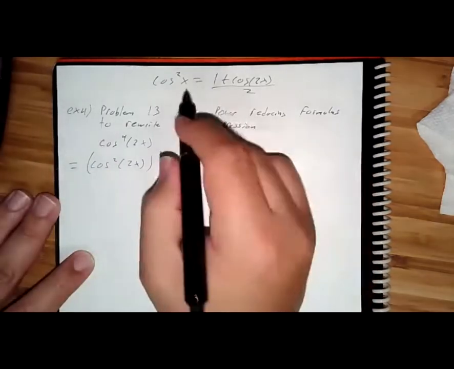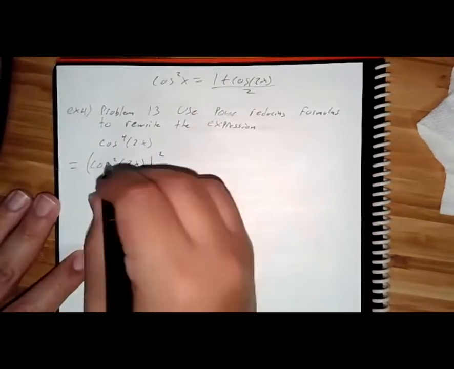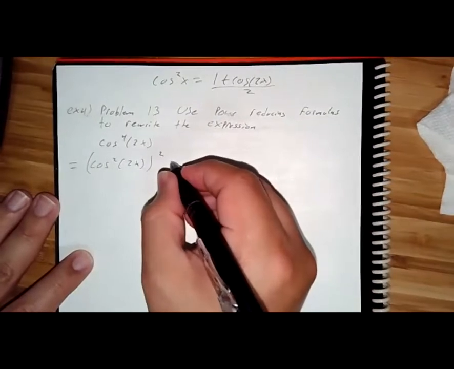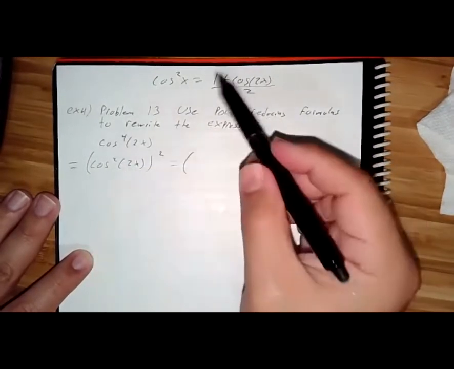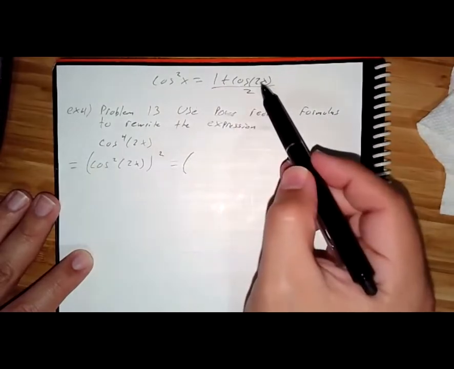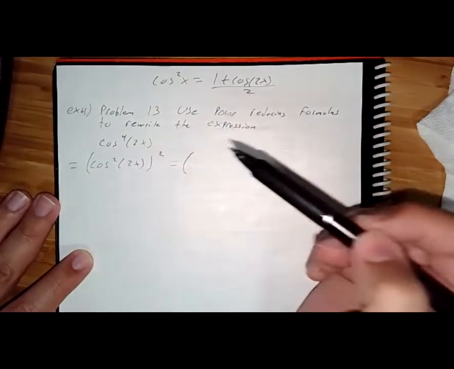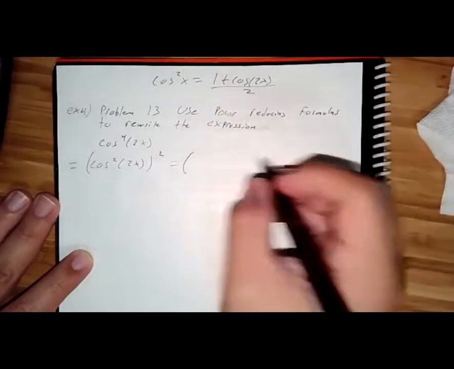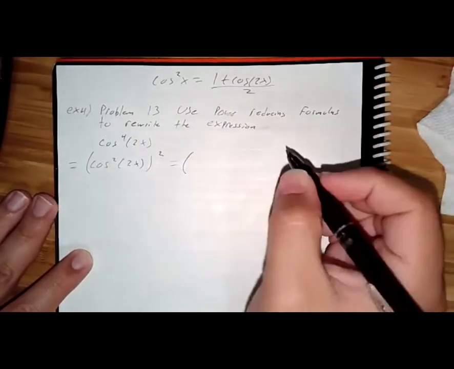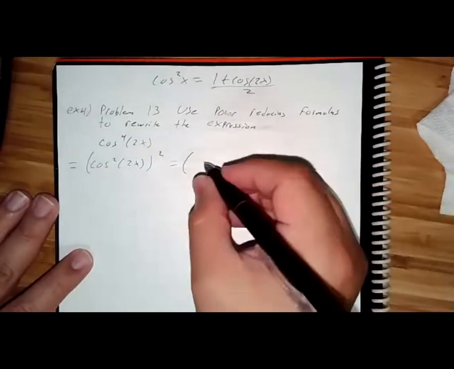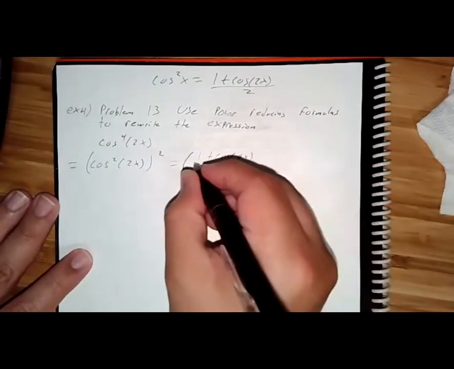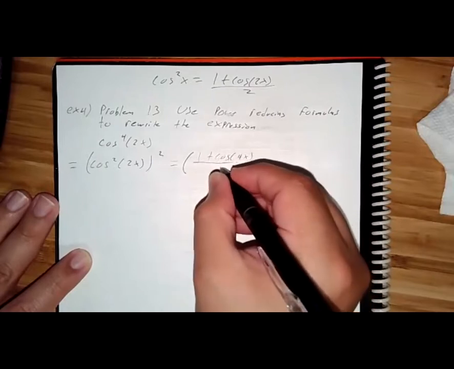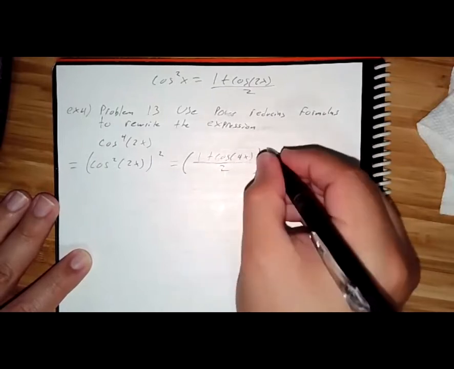So I'm going to apply the formula inside here. Notice how it goes from x to 2x. So it's going to go from 2x to 4x, but if you apply it once. Each time you apply it, it'll double again. So 1 plus cosine of 4x over 2 squared.